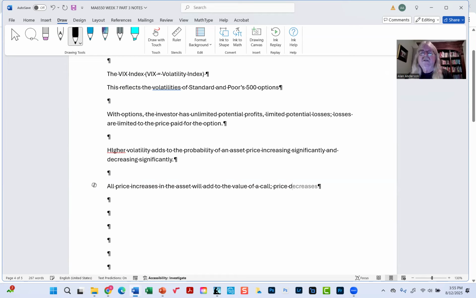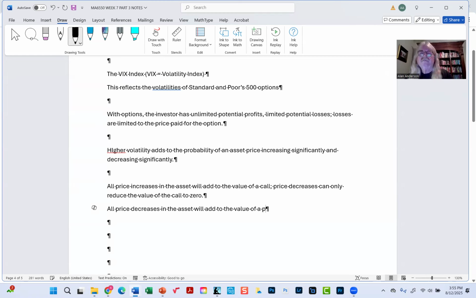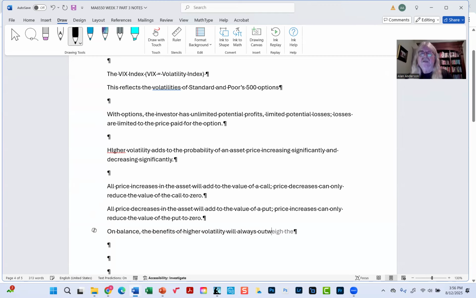Price decreases, no matter how much they are, can only reduce the value of the call to zero. And then, of course, this works in reverse for puts. All price decreases in the asset will add to the put. Price increases reduce the value of the put to zero. So what that means is that on balance, the benefits of higher volatility will always outweigh the costs of higher volatility.